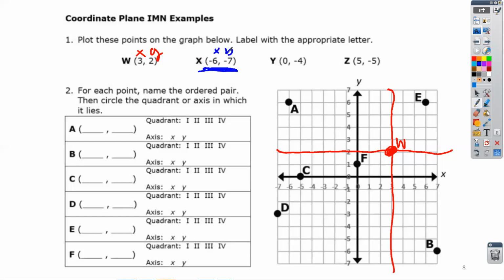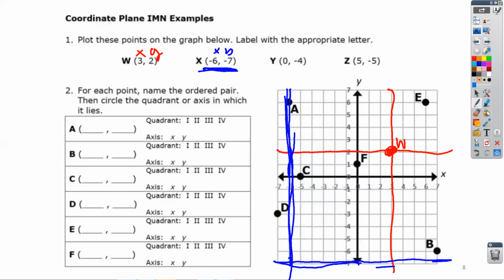So on my x-axis, I am going to find -6, which is right here, and I'm going to draw a line. Hopefully you draw a better line than I am. And -7 on my y, which is way down here, and draw a line.